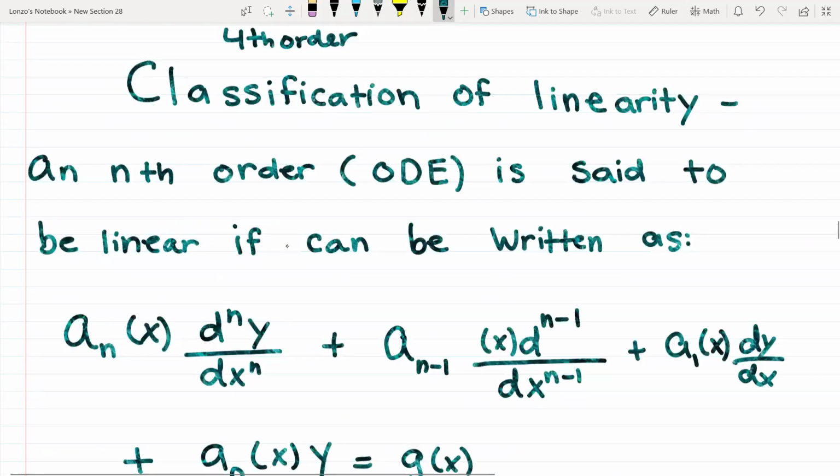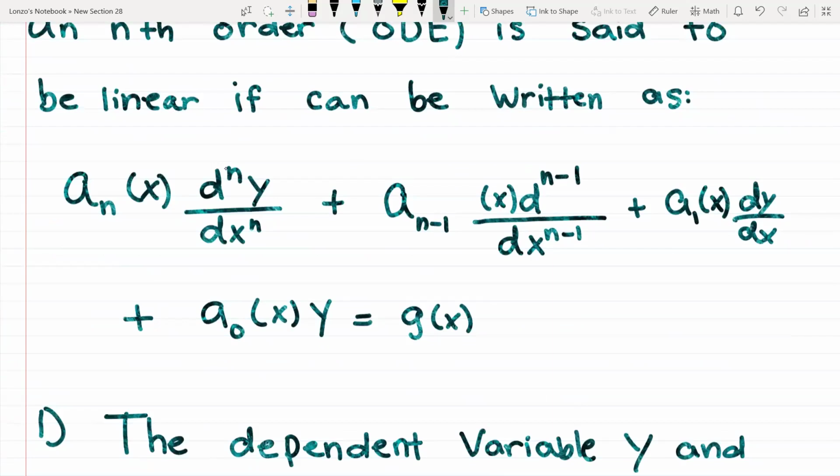It could be in a form like this. As you can see, the derivative has to be to the power of one. And then the coefficient, if it has a letter, it cannot be the same letter as on the top. That's all it means. And then on the right, it could be a constant.